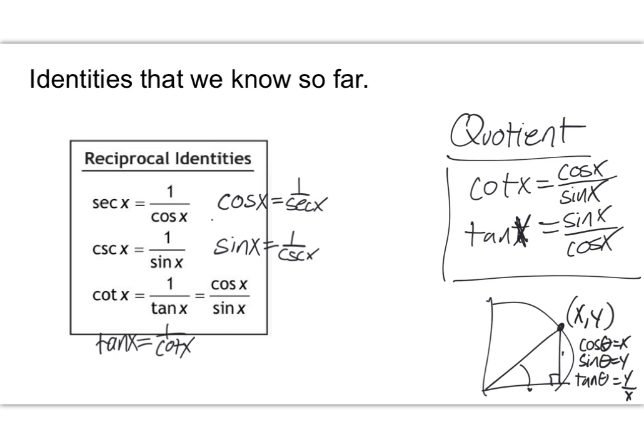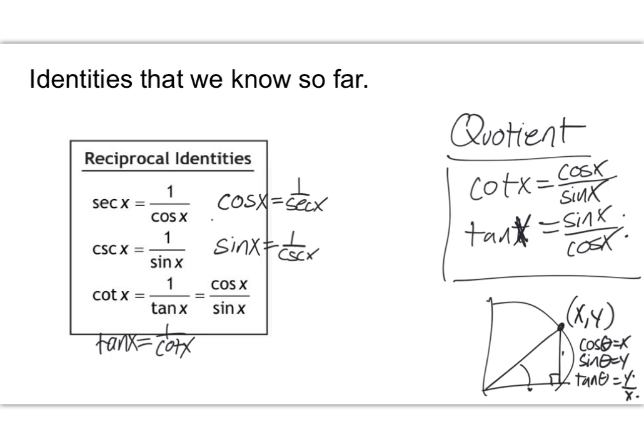Based on that, that makes a lot of sense why if sine is y, cosine is x, and tangent is y over x, that tangent is sine over cosine. This is where these identities come from, these relationships that we can build with some trigonometry.